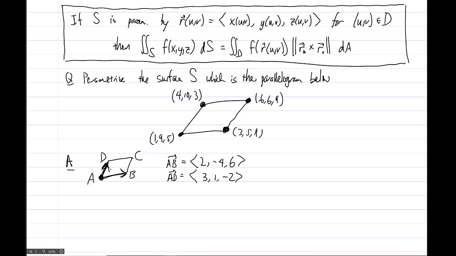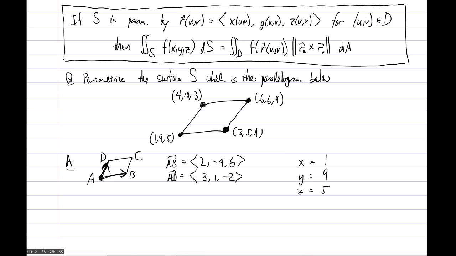The reason for doing this is that there's a bit of geometric reasoning going on in producing the following parameterization. We take the coordinates of that lower left corner, 1, 9, 5.